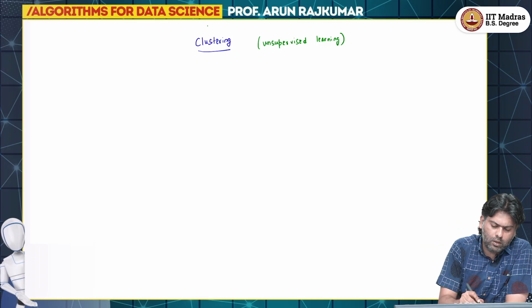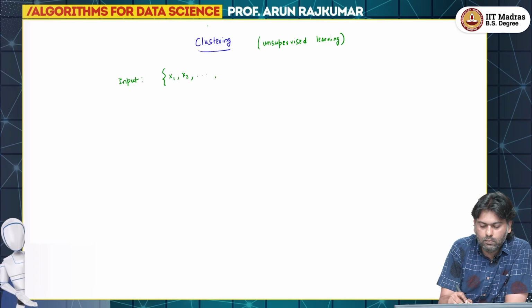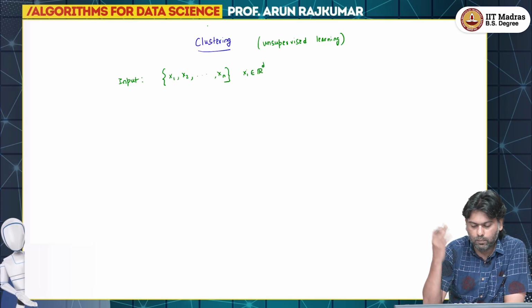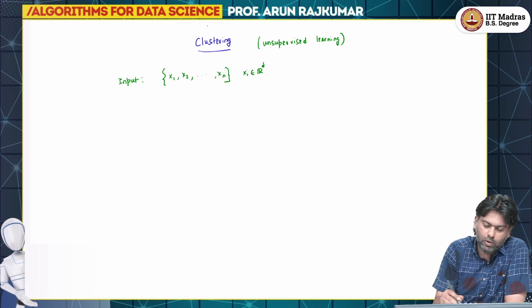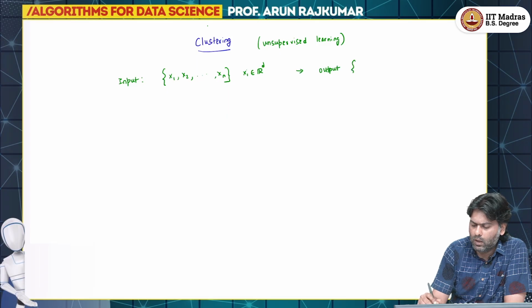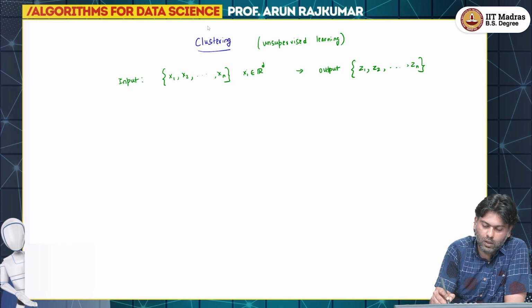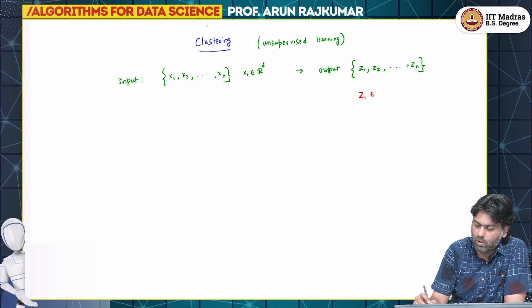So you can think of the input to this problem as a bunch of data points x1, x2 till xn, where each of these data points might be in some high dimensional feature space, and we want to take this data set and produce an output, let me call it z1, z2 till zn, where each zi belongs to 1 to k.